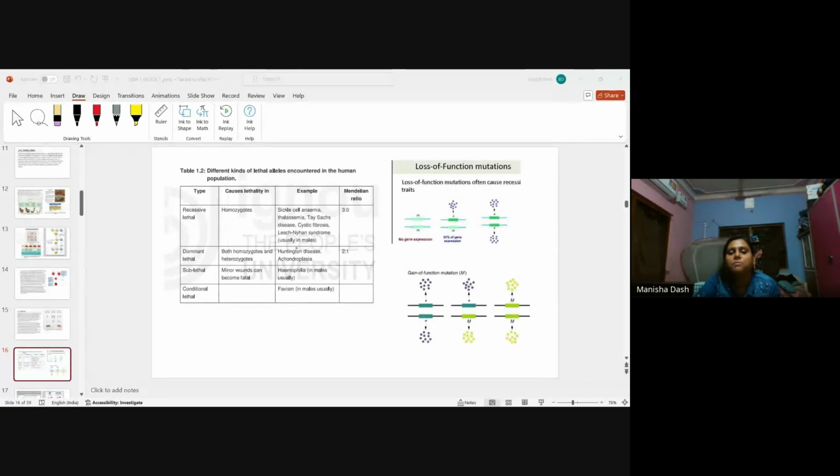Only when both copies of the gene lose function does the lethal condition develop. So the recessive character develops because of loss of function mutation. Similarly, the dominant condition develops because of gain of function mutation.